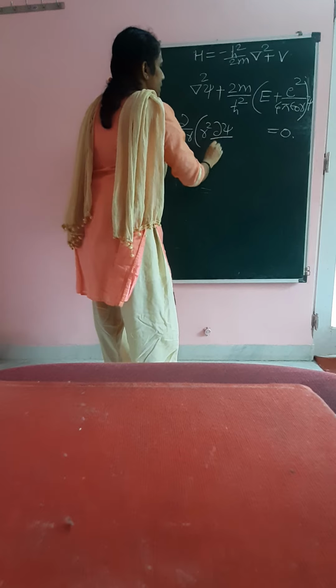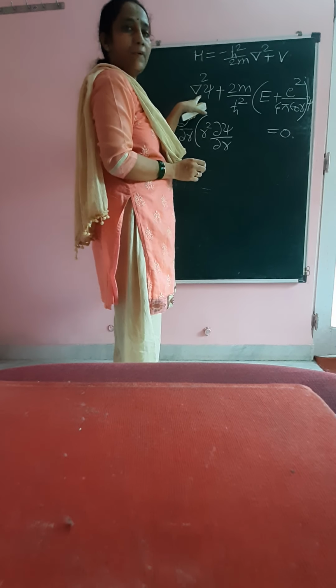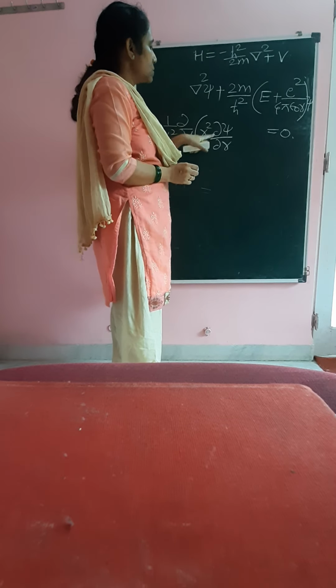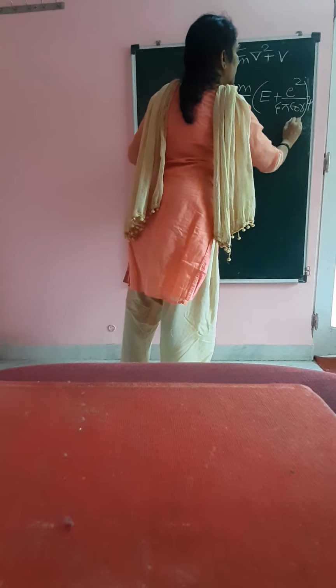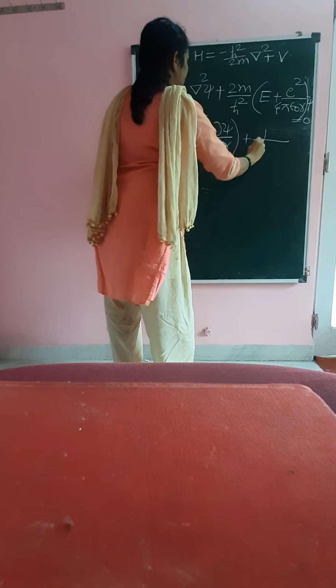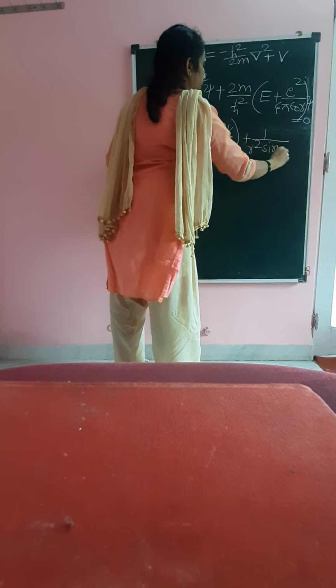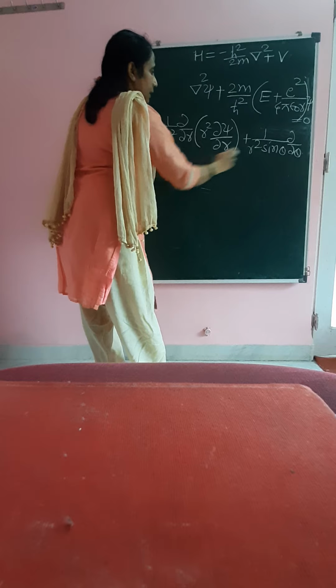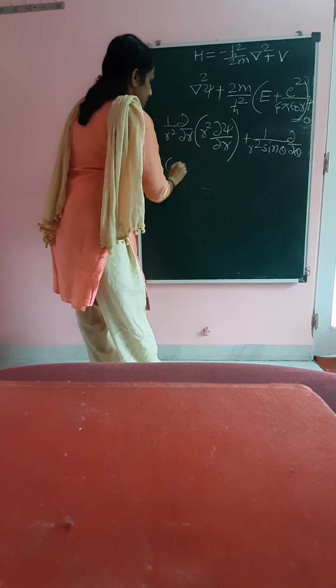Now see here, earlier in that del square operator it was dou by dou r, but now we are operating it on psi. So it is dou psi by dou r. So it will go like this. I am taking this bracket over here.